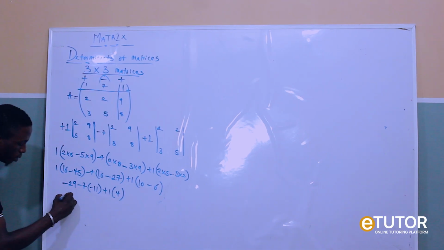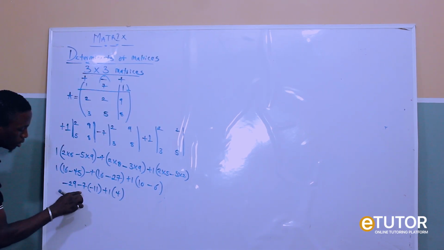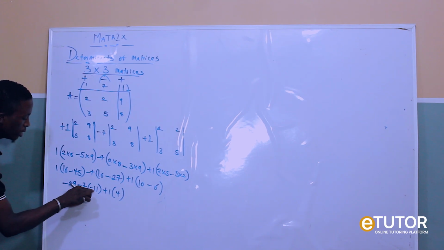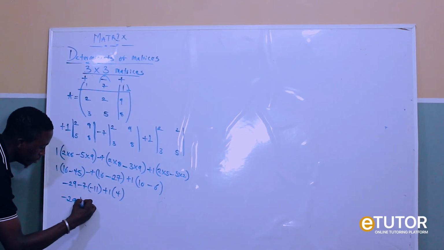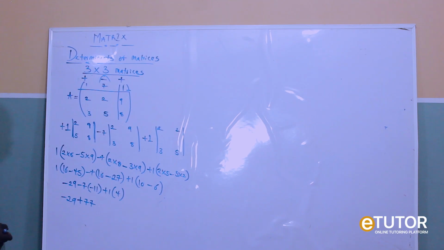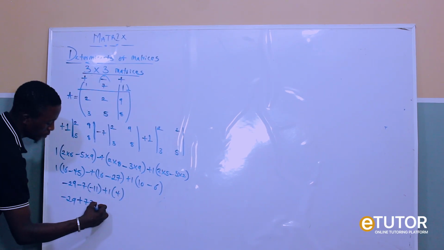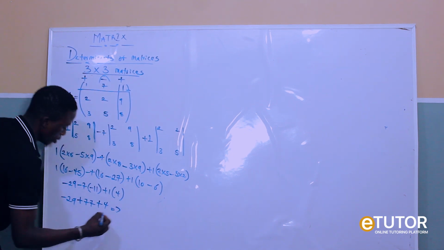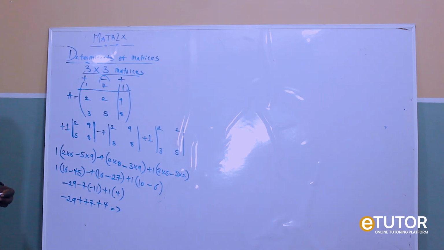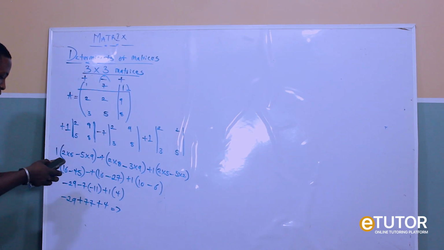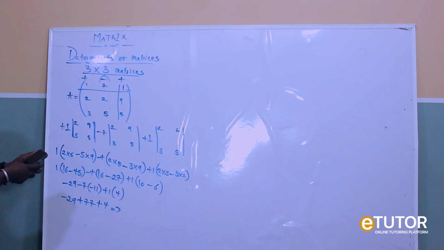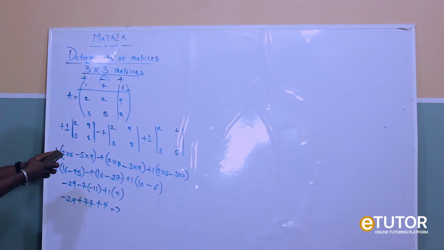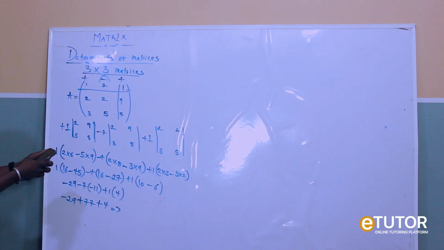So we have negative 29, negative 7 times negative 11 gives positive 77, 1 times 4 gives plus 4. So let us simplify this. Let me get my calculator. So I'm going to have 77 plus 4 minus 29.